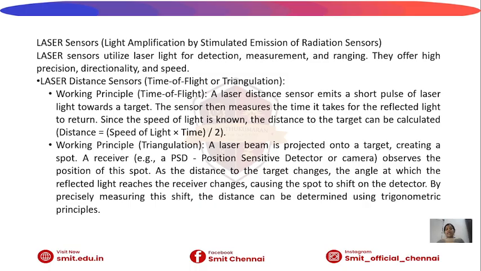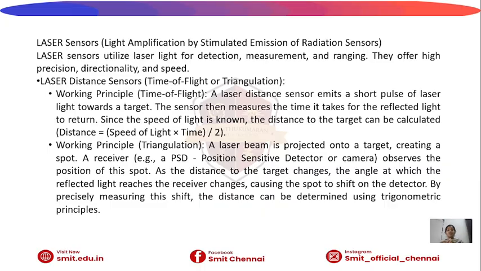So first one is time of flight. This means when a laser distance sensor emits a short pulse of laser light towards the target, that is, some light is emitted to the target, then it measures the time the light takes to reflect and return, okay.